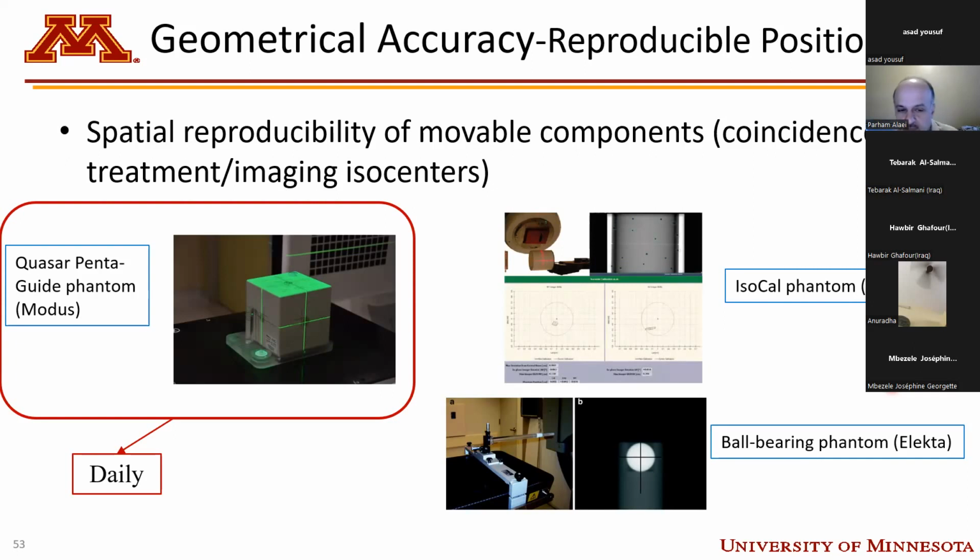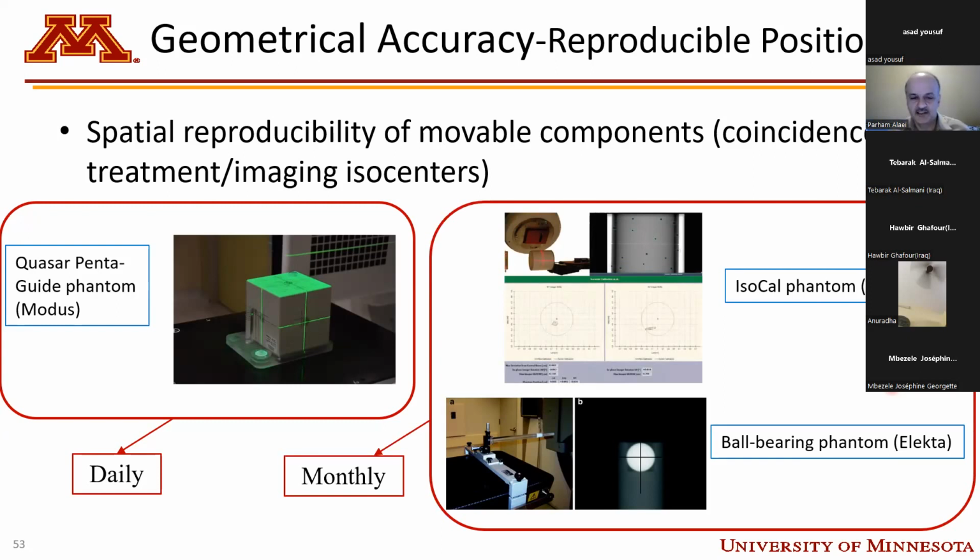Therapists set it up every morning at an offset position, and then they image it, and then they shift it back using the auto shift function, and then they move the couch back to the true isocenter and make sure it is moved back. So they make sure that the imaging and the megavoltage beam lines are isocentric, and the couch movement is accurate.